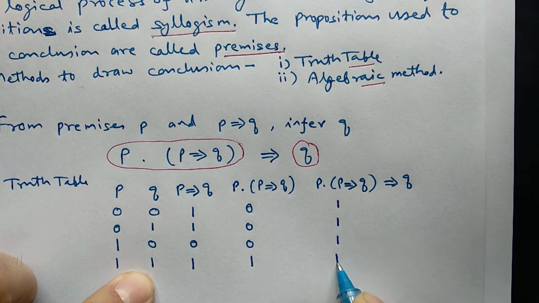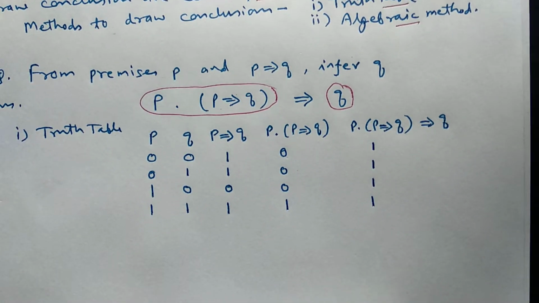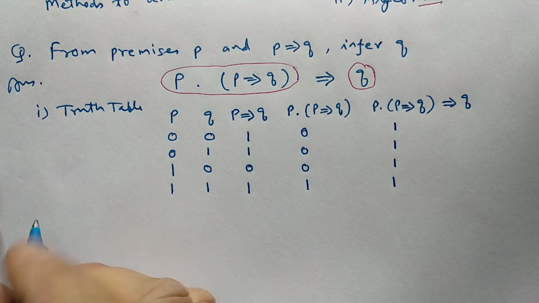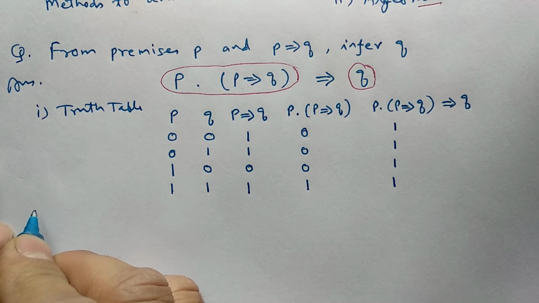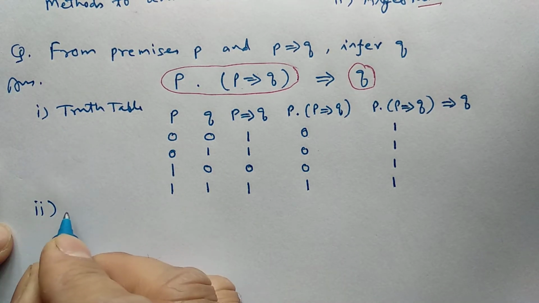As a result you get all 1s, so this statement is a tautology and we have successfully concluded this particular statement.